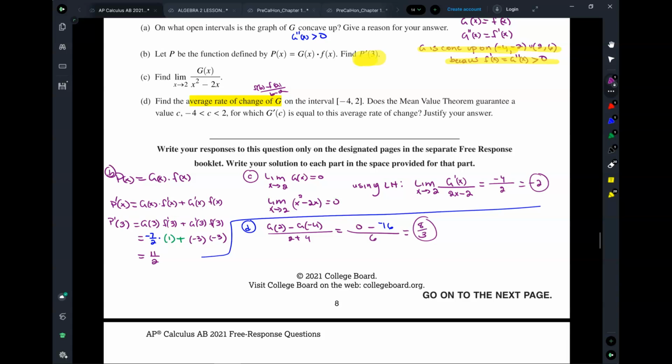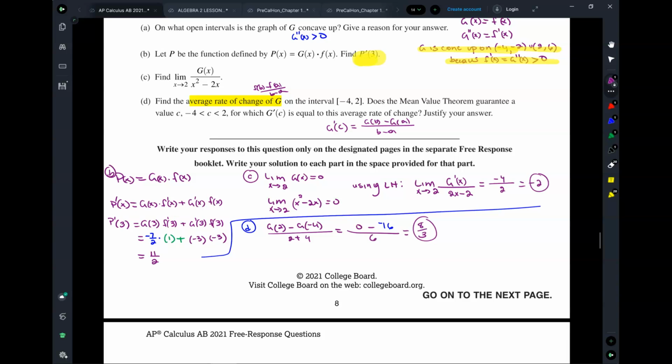Okay. So what is the mean value theorem? Mean value theorem says there has to be a point, okay, blah, blah, blah. If blah, blah, blah, then there has to be a point C such that G prime of C is equal to G of B minus G of A over B minus A. The mean value theorem says if blah, blah, blah happens, then there has to be a point where the average rate of change equals the instantaneous rate of change.